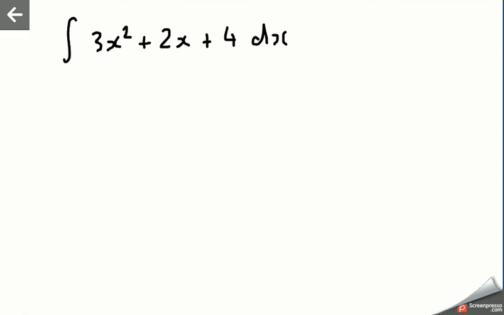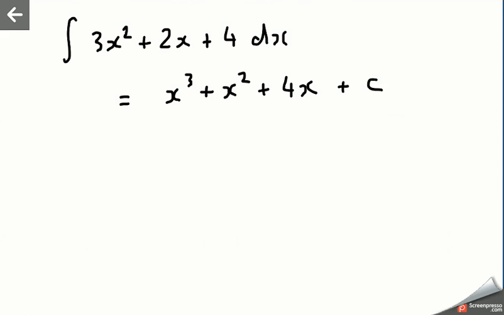You can say indefinite integral, but we're going to call it the antiderivative. So that's what I meant to say. The antiderivative of 3x squared plus 2x plus 4 dx is equal to big Y of x, which was x cubed plus x squared plus 4x plus c, some arbitrary constant c.